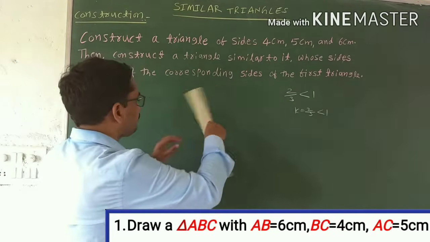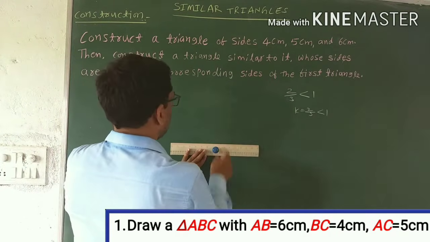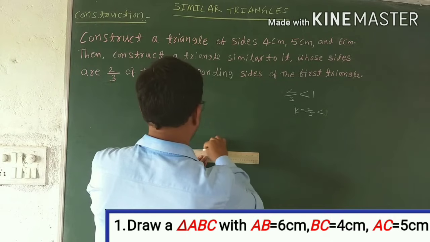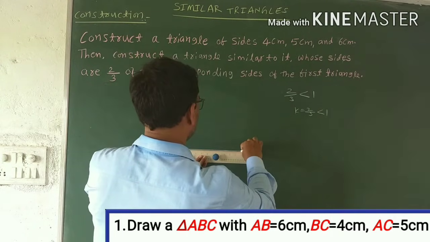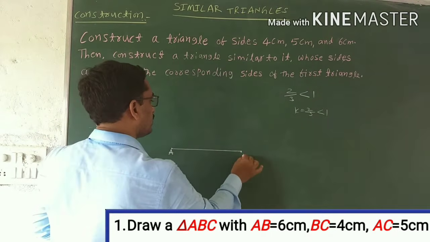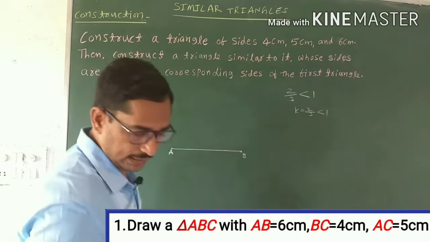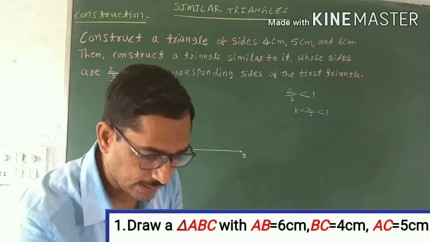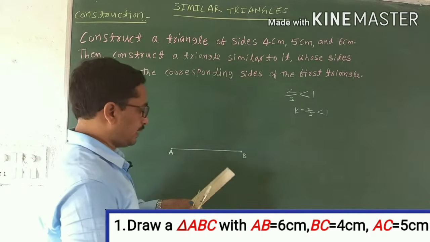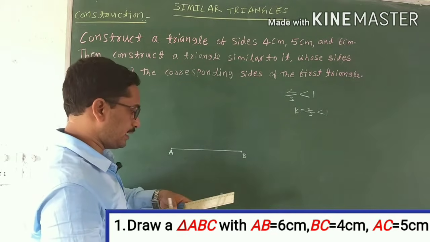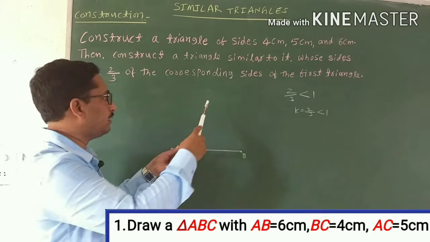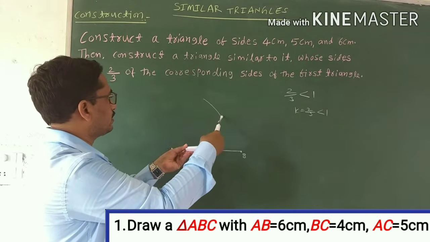First take a line segment of length 6 centimeters and denote it with AB. Next, with center A, draw an arc of length 5 centimeters.